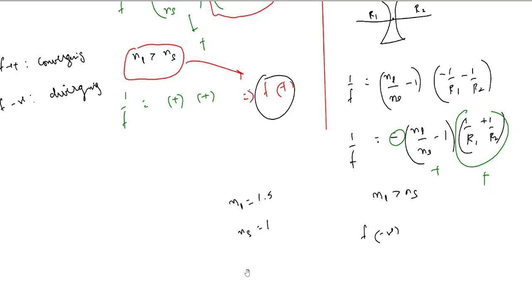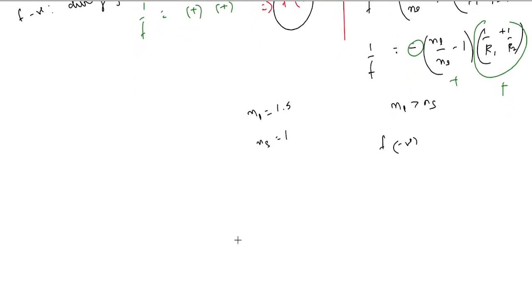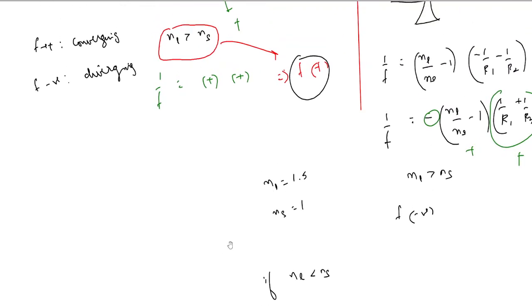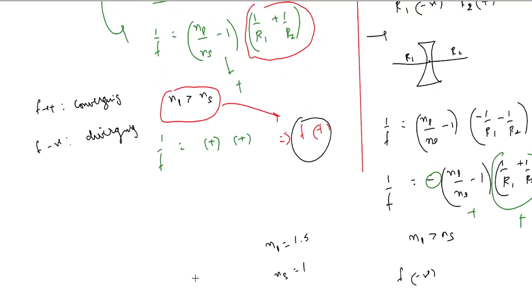Now comes something very interesting. Imagine that N for lens is less than N for surrounding. In that case, for a convex lens, we get 1 by F is equal to NL by NS minus 1 into 1 by R1 plus 1 by R2.